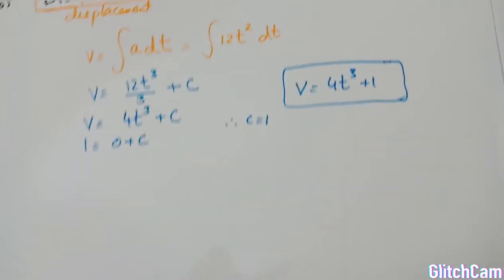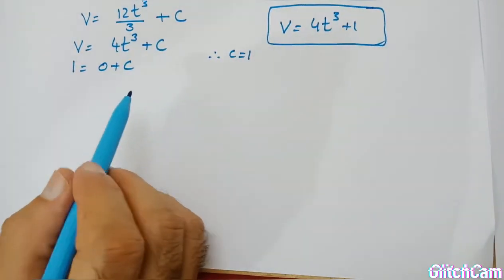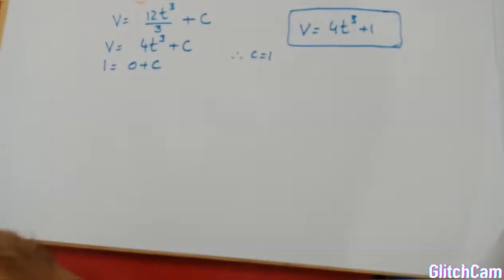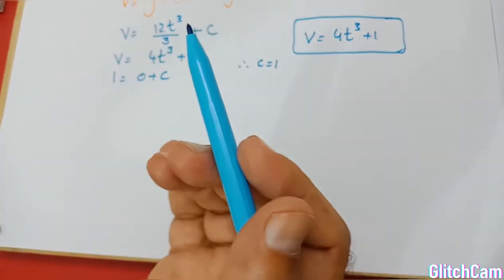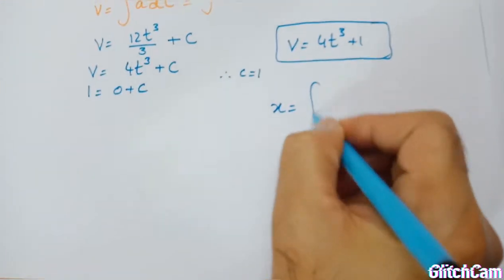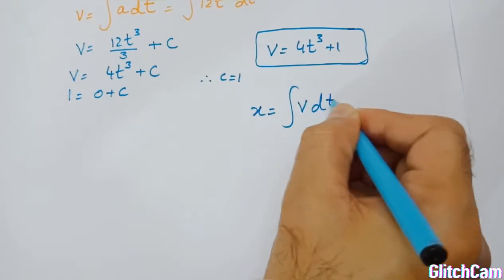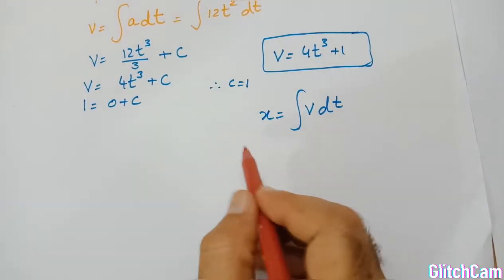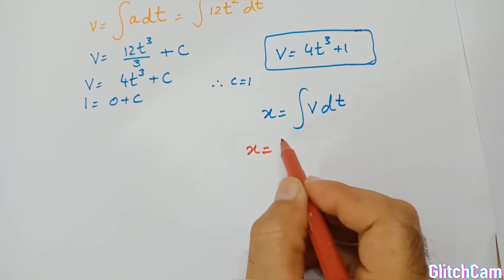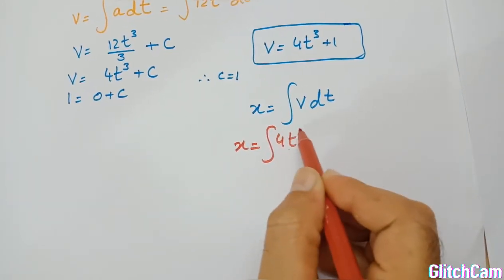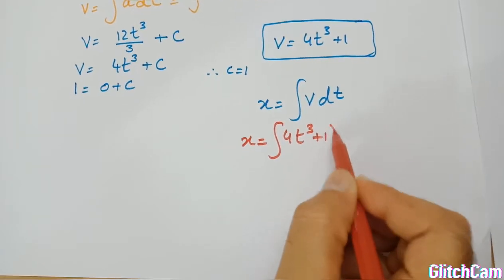Now let us find out the expression for the displacement. When you differentiate the displacement, you get the velocity, and to get the displacement back, you will have to integrate this velocity. So this x is going to be the integral of this 4t cubed plus 1.